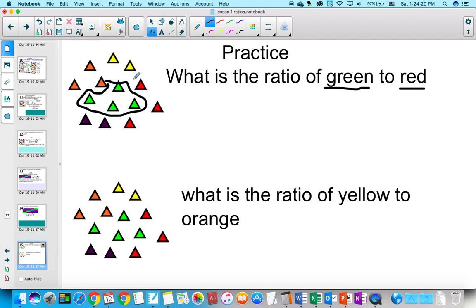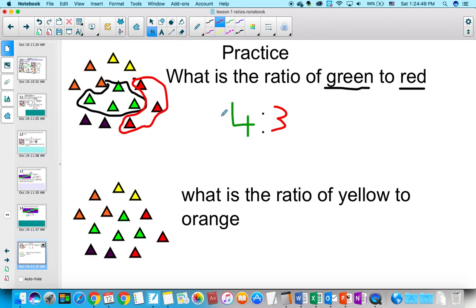And we have, let's pick a different color. Let's pick red. 3 reds, right? We have 4 greens, 3 reds. And so the ratio would be 4 greens, colon, 3 reds. So we have 4 greens and we have 3 reds.